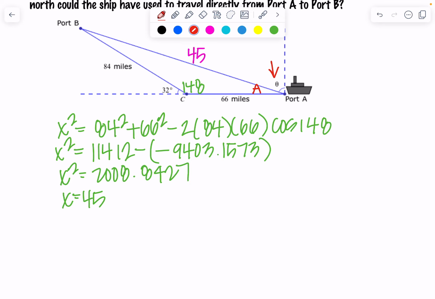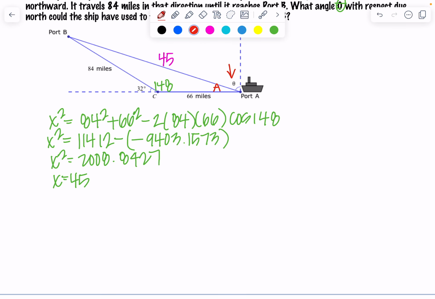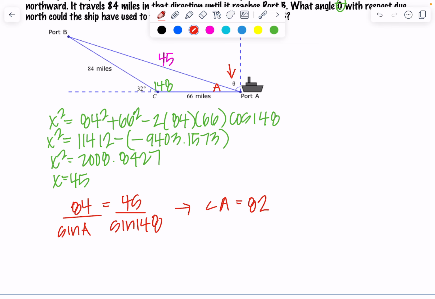All right, if you set up angle A correctly, I will show you how you should have set it up, but then you will solve it by yourself. But you should have set it up like this, and you should get angle A is 82, which means theta needs to add to 90.